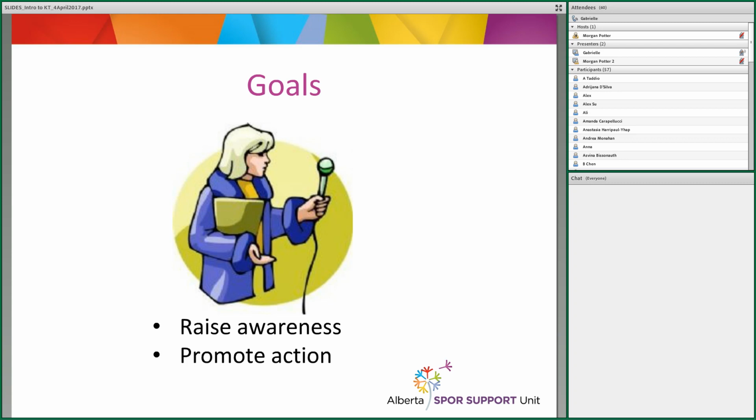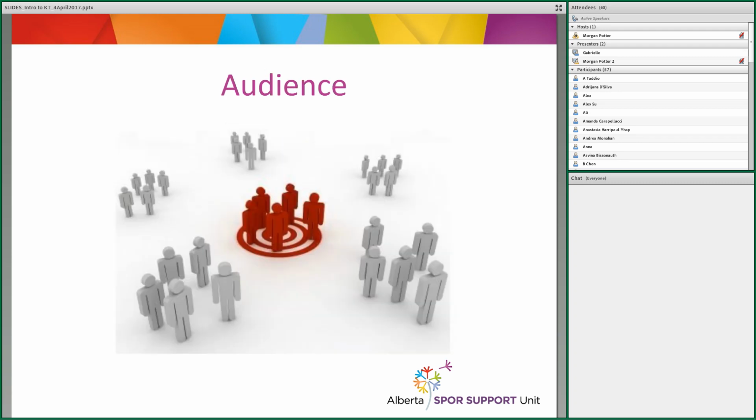You need to make sure that your KT goals are very clear, concrete, and well justified. And the KT goals need to be appropriate, of course, to the potential research findings and to your target knowledge user audiences. So who needs to know about your research? There could be, and often is, more than one audience, and it is acceptable to prioritize, but you need to provide rationale for selecting one over another.